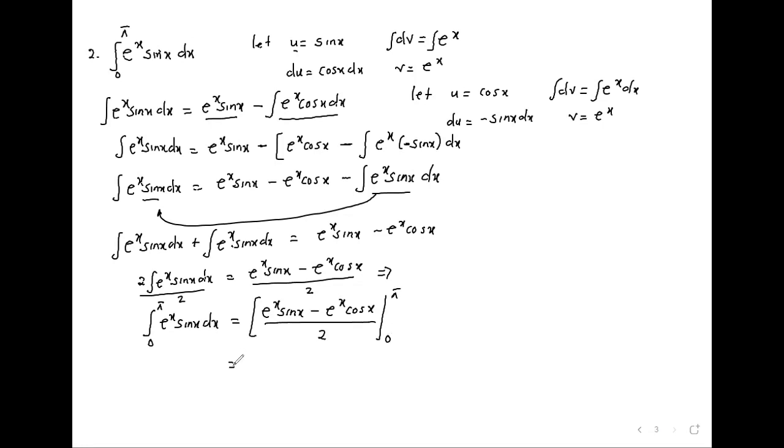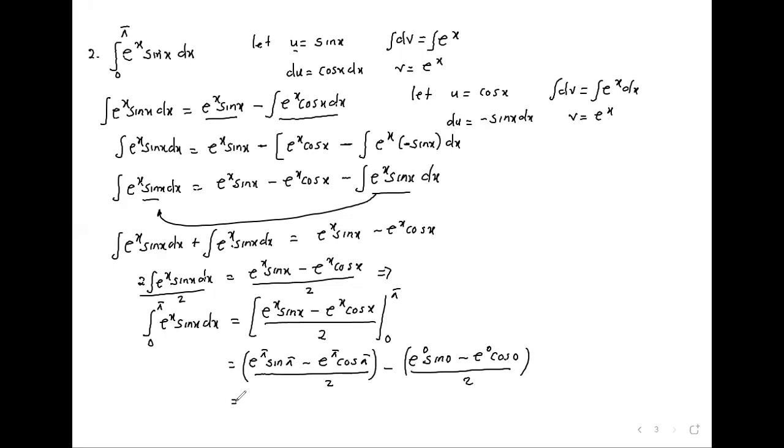So now we substitute the limits. We start with pi. Where there's x, we take pi: e^pi sin pi minus e^pi cos pi over 2. The whole thing minus, we take 0, so e^0 sin 0 minus e^0 cos 0 over 2.